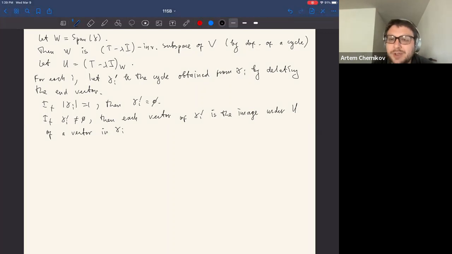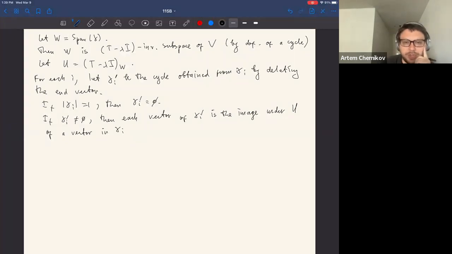Every other vector is obtained by applying U several times to the nth vector. But the nth vector is in gamma i, as well as all the other vectors in the cycle. So each vector of gamma i prime is obtained by applying U to some vector in gamma i.